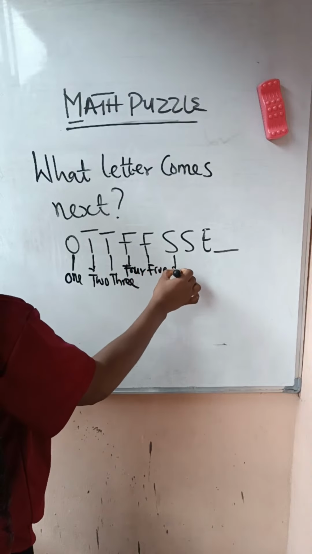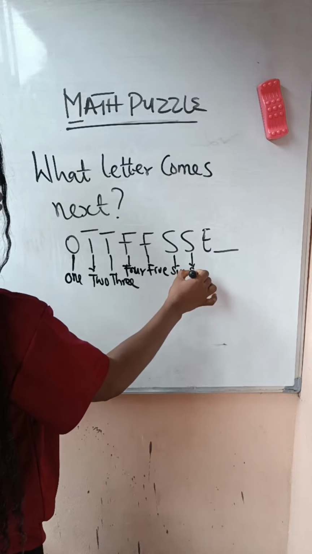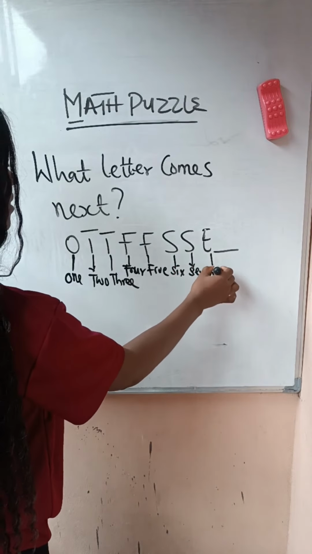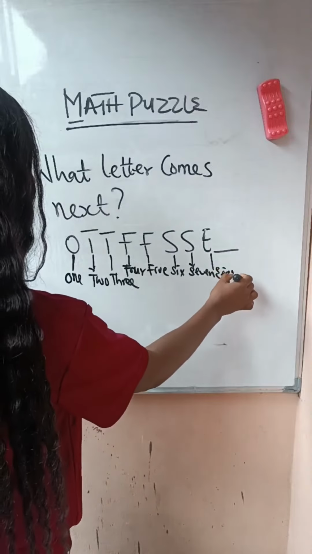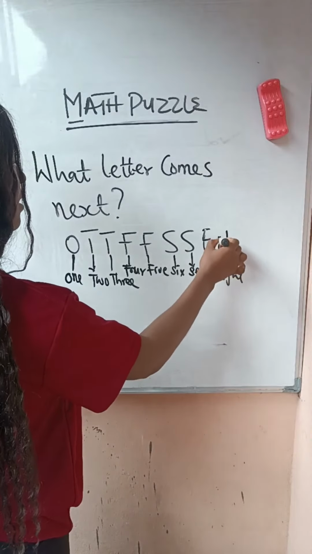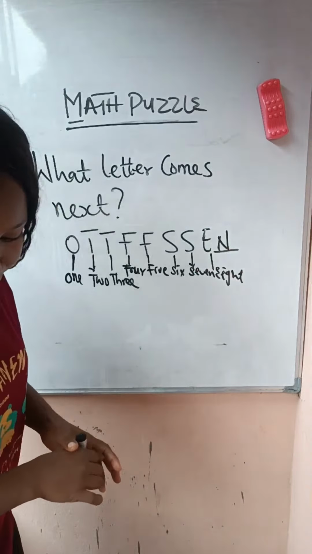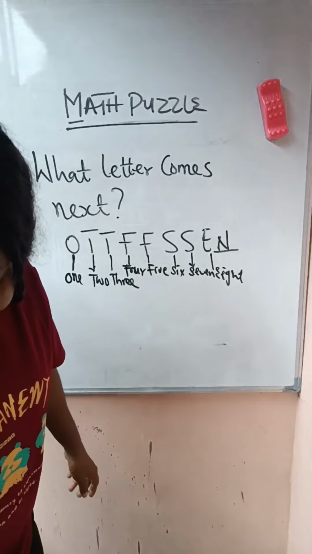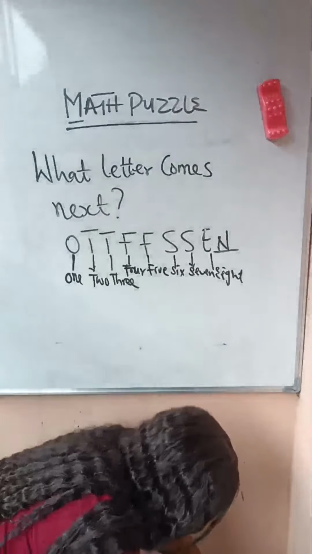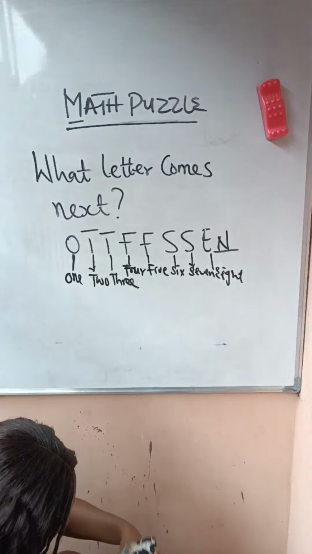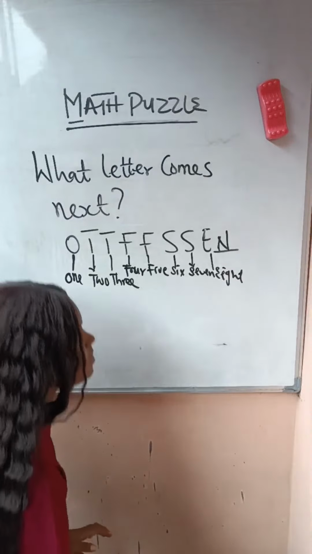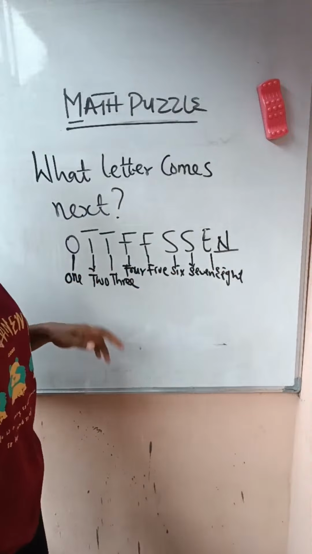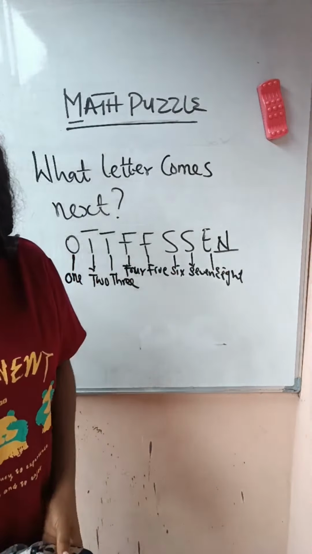This is 6. This is 7. This is 8. All right. So you can see that this is 9. So it's supposed to be N. Very easy. So that is 9. Then if you want to continue with the sequence, the next will be T. That is 10.